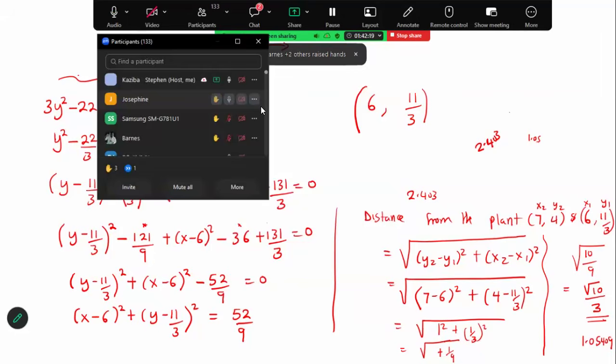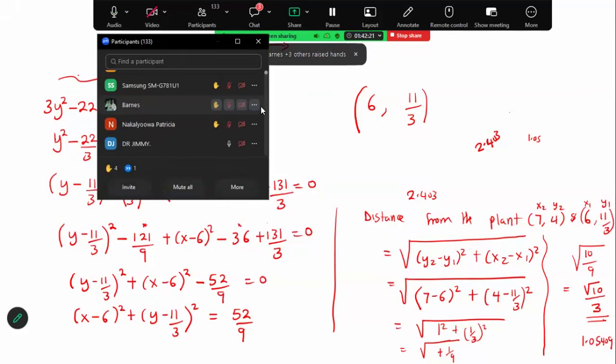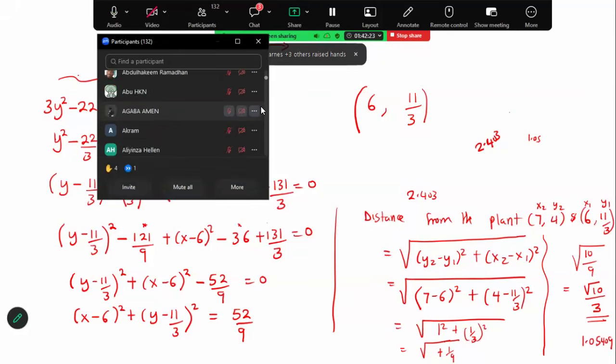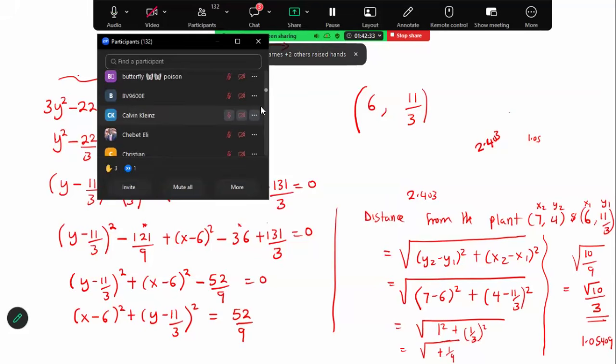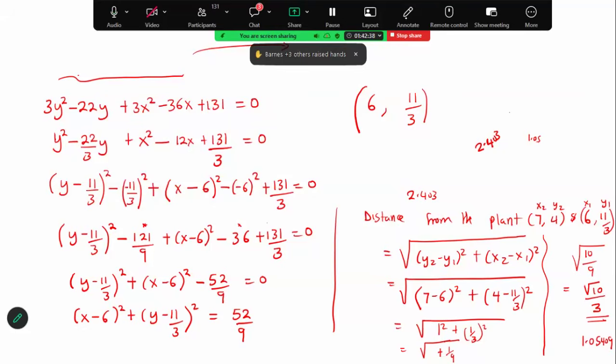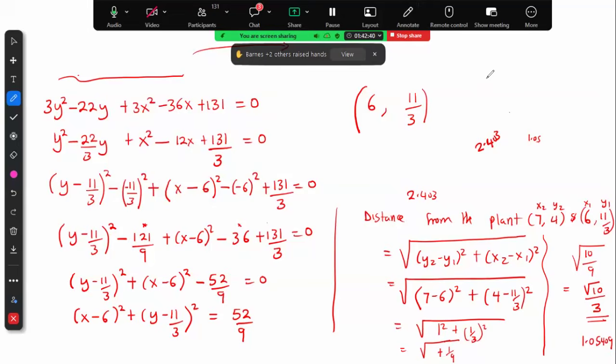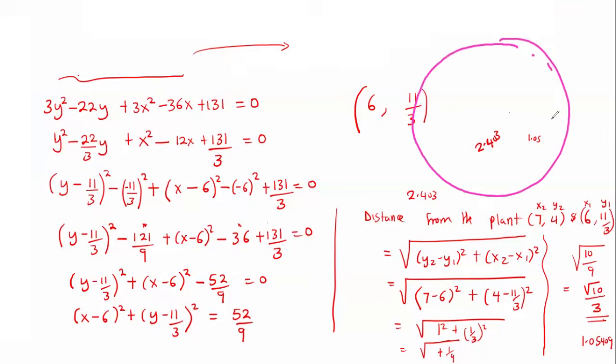Yes. Josephine? Good morning, sir. Yes, good morning. My concern, I think I got confused from the point after us finding the radius. Then I don't know why we included this distance. Now, Josephine, what we obtained was that the water, when it is sprinkling, it forms a circle.